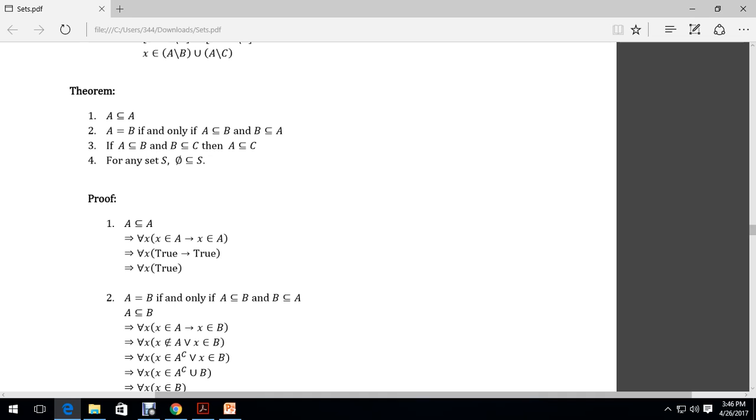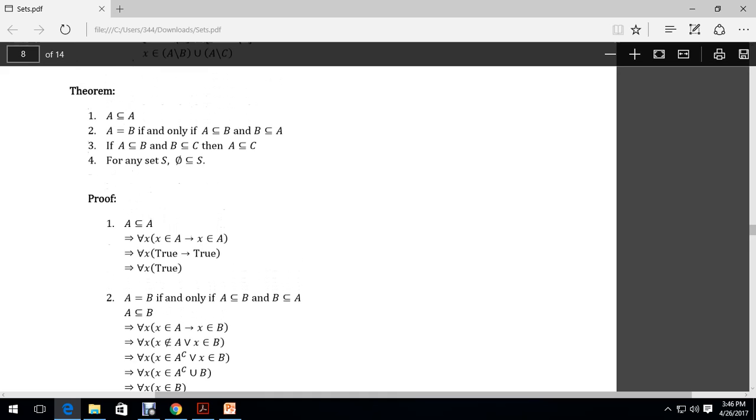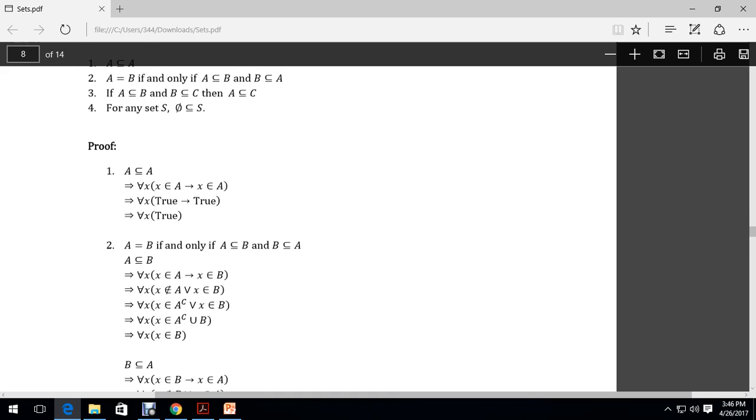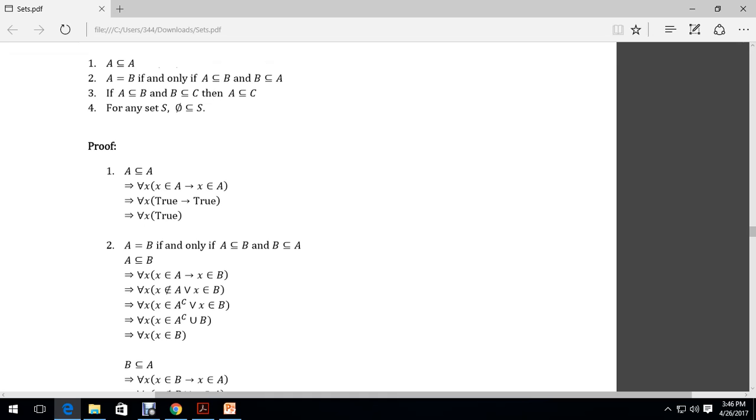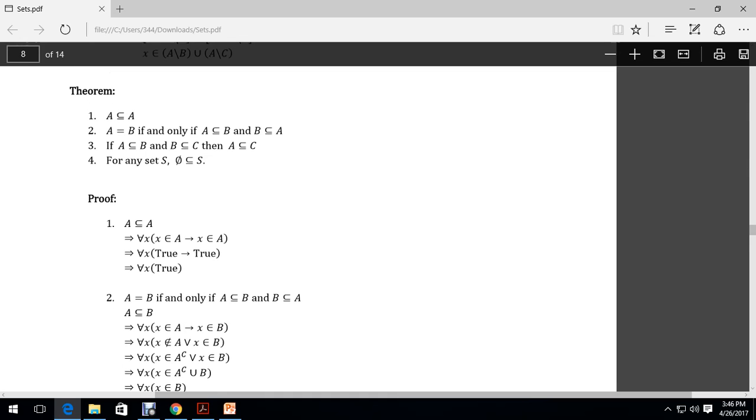Number 4, for any set S, the null set is always a subset of S. Just like before, I will not be going through the proofs, but I am expecting that you will go through the steps of the proofs in order to prove on your own that the statements in this theorem are true.